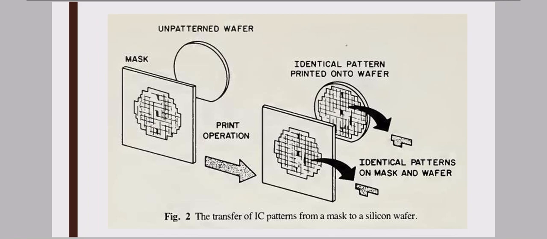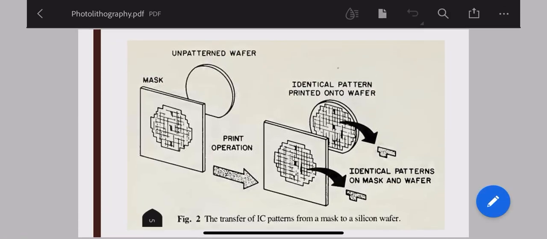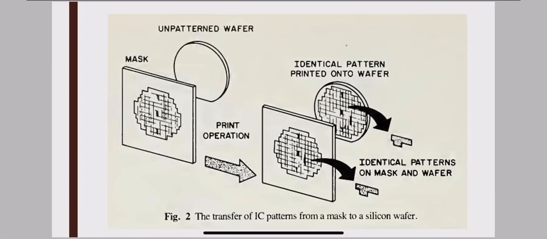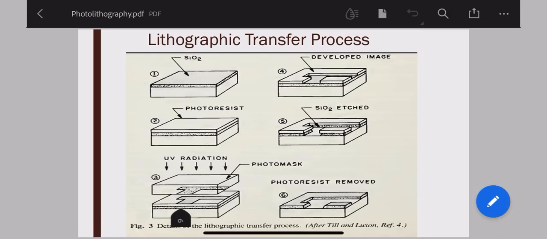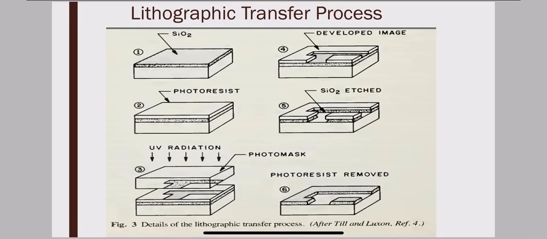Your one die is a few centimeters, and on it you have to make transistors which are of micrometer size. So of course this very large mask has to be reduced, and that reduced one is what we know as the reticle. This is the transfer of IC patterns from the mask to a silicon wafer. As you can see here, this small one is that pattern. This is basically a photolithographic transfer process.